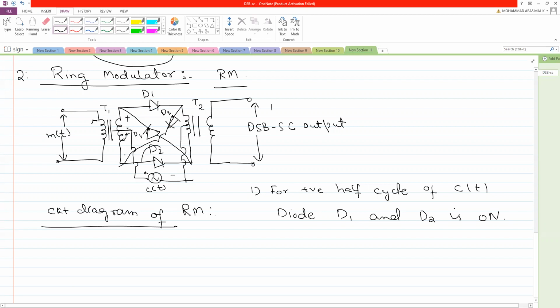D1 and D2 are on whenever you have this as positive. This is negative here, and this one is positive here, but it's showing reverse biased. Wait a minute.